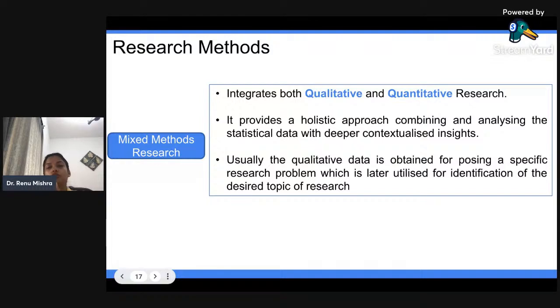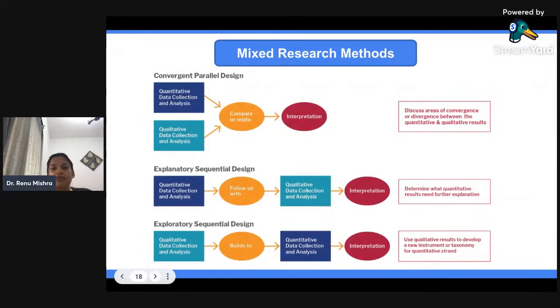Whether it happens or not, you are giving support with the statistical analysis of the data. All right, let's move ahead. So this is basically the way you go for mixed research methods.